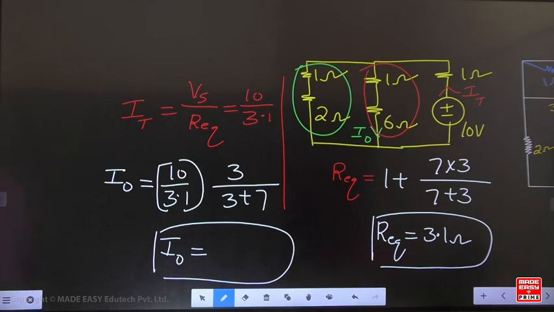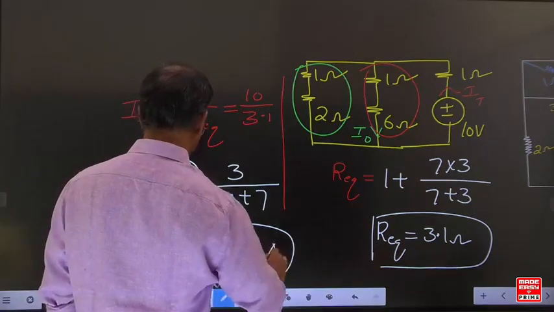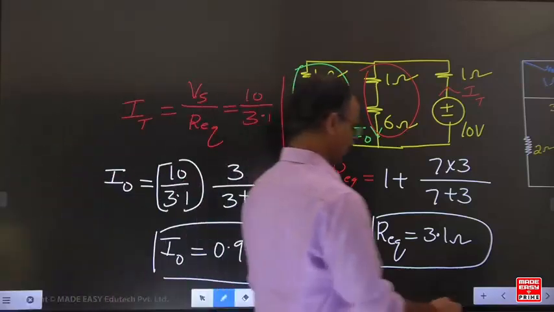Check, many students are saying 0.96. Is it correct? Check once. 0.96, very good. Very good, very good.